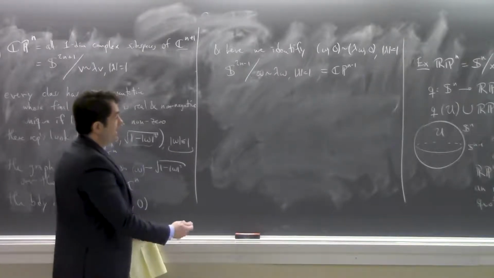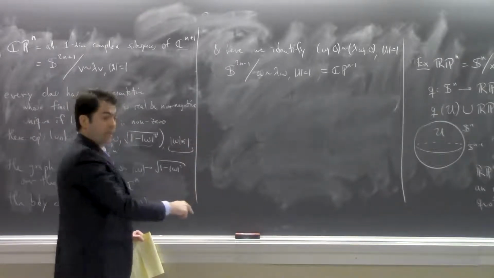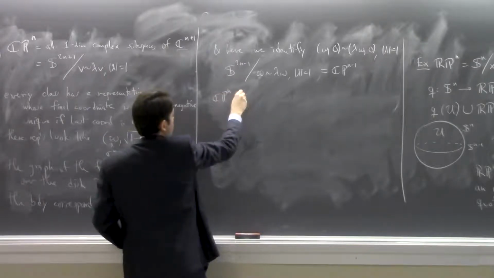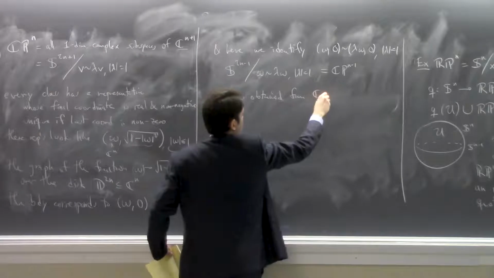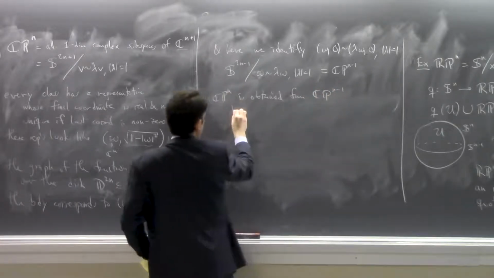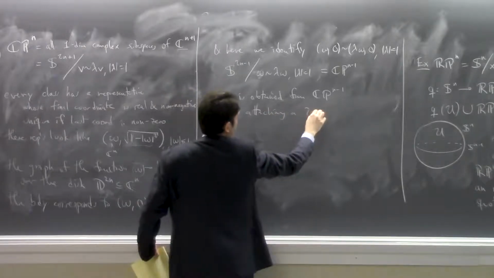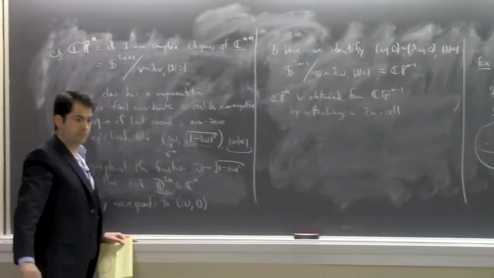The conclusion is just like RP^n is obtained from RP^(n-1) by attaching an n-cell, here CP^n is obtained from CP^(n-1) by attaching a 2n-cell, right? Because this disk had dimension 2n.